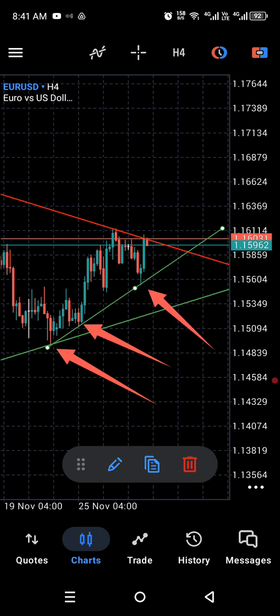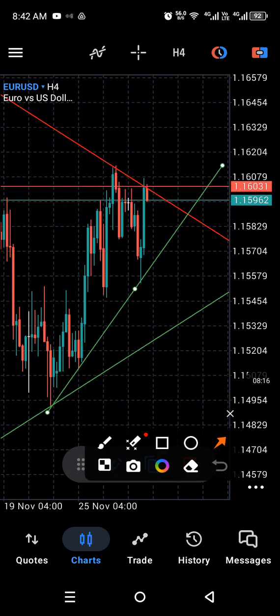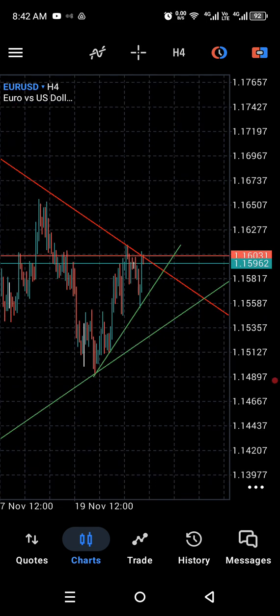This highlighted trend line is the trend line on the 4-hour time frame. Since there is no other bearish trend line we can draw on the 4-hour, it is fine.